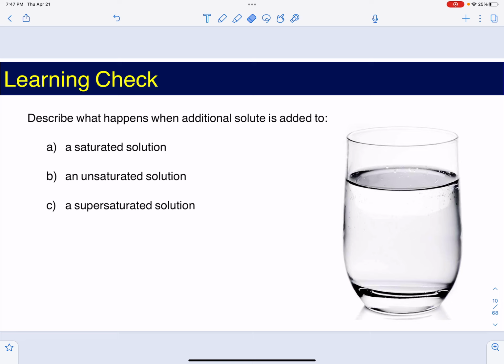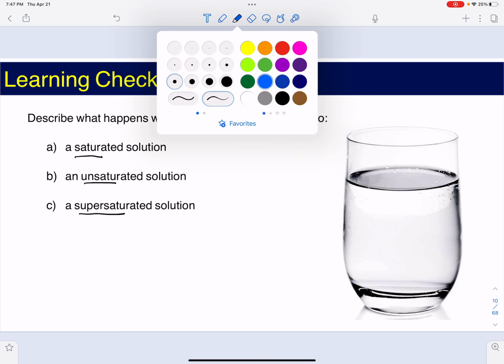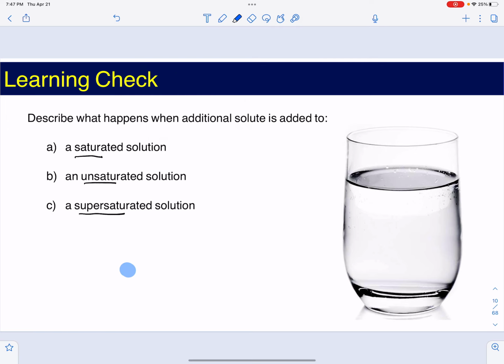So what terms are we learning now? Saturated, unsaturated, and supersaturated. For that, let me do a drawing here. So let's say that this is going to represent water now.